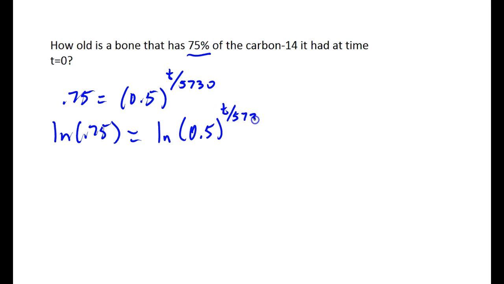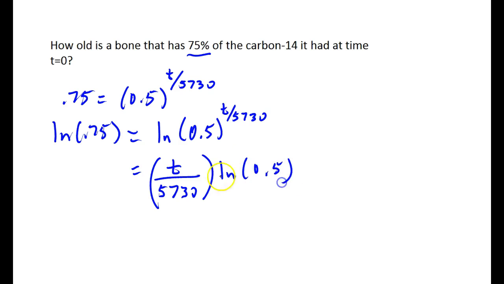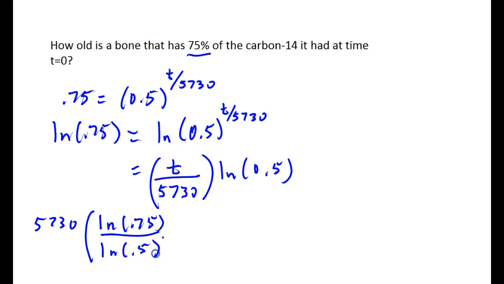And that allows me to bring the exponent around front. And solving for T, I'm going to multiply by 5,730 and divide by the natural log of 0.5. That should tell us how old a bone is that has 75% of its carbon-14.